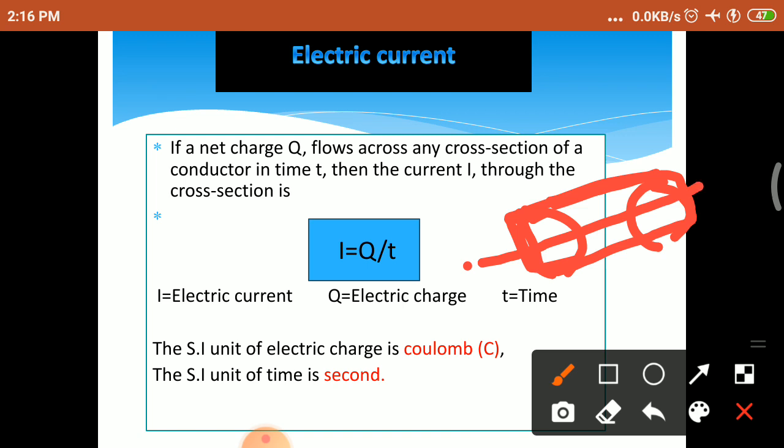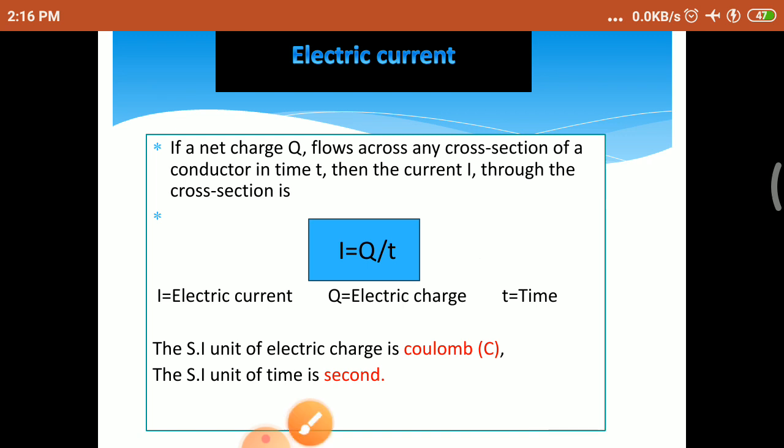So the current I is represented by the letter I, the electric charge is represented by the letter Q, and t is the time.